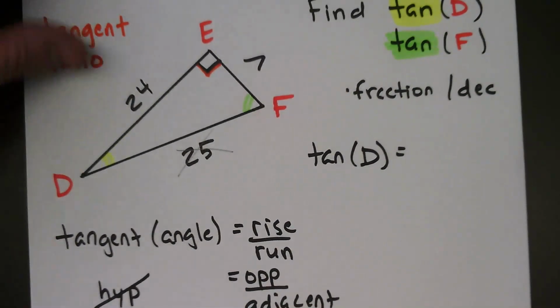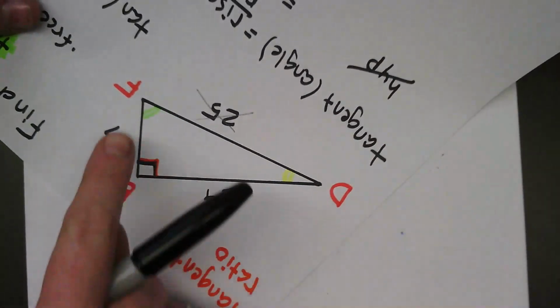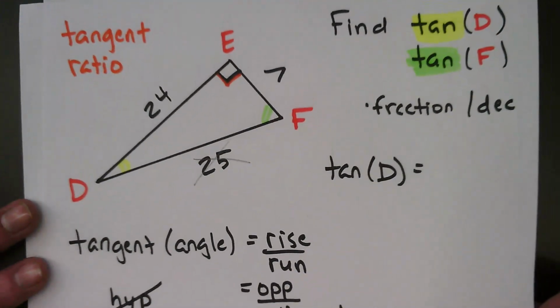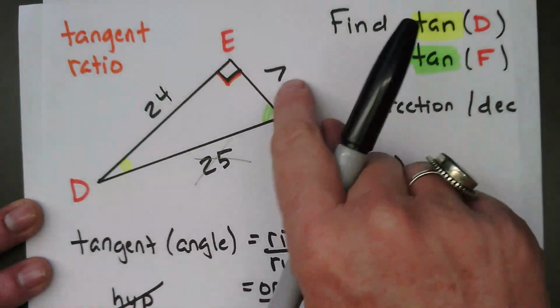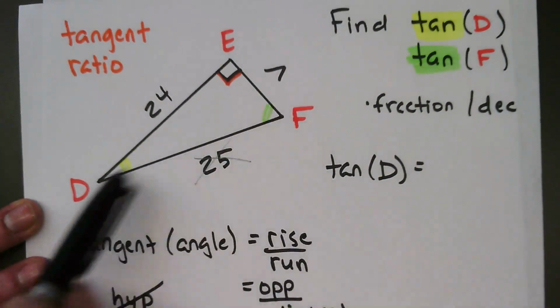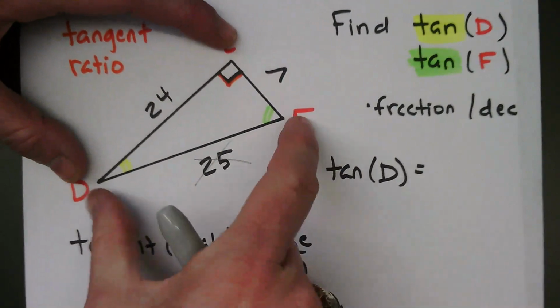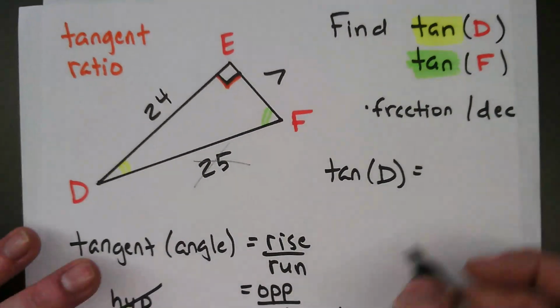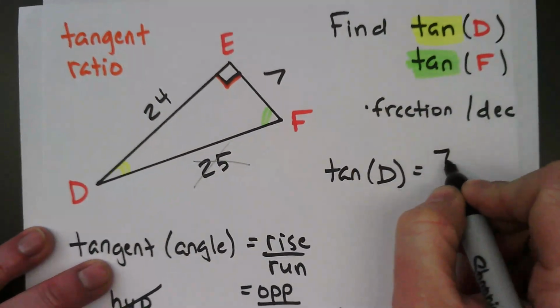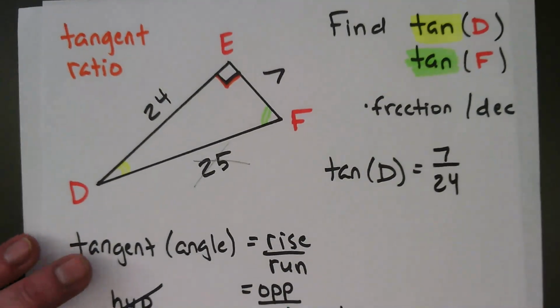And if we think about this in terms of a slope ratio, like if I turn this thing around and look at it here, I can think about it as rise over run. But we want to avoid having to turn our triangles anymore. So we want to think about it as the side that goes through the triangle, the opposite leg, and then the adjacent leg. So the one across and then the side next to it. And again, never using the hypotenuse. So all this is going to be is 7 over 24. And that is the first answer.